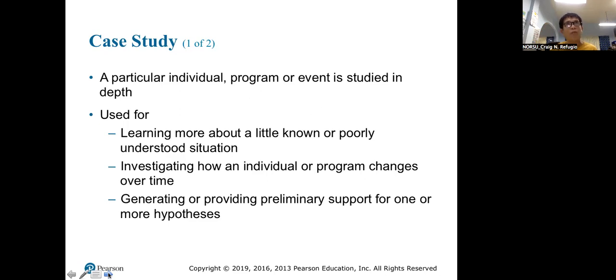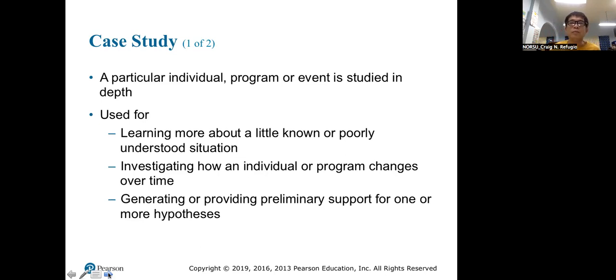In schools, guidance counselors, psychometricians, and even teachers can conduct a case study, looking at the problem of a certain individual, student, or learner, looking at some issues of a certain student or pupil. That can be done by the classroom teachers, the guidance counselors of the school, the psychologists of the school, or even school principals or administrators.